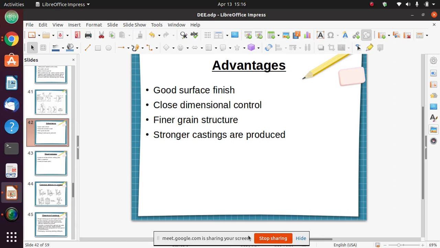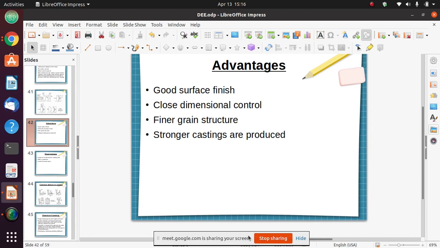Once the molten metal solidifies, it will take the shape and the surface of the mold. So if your mold is smooth, if your mold has been machined accurately, then the molten metal, when it solidifies, it will have a good surface finish.